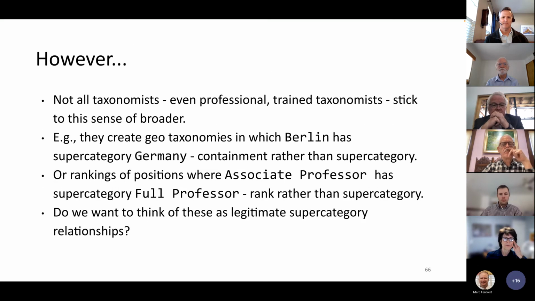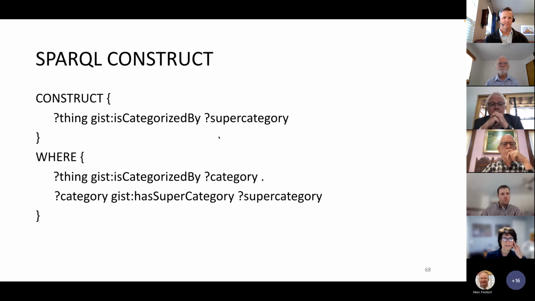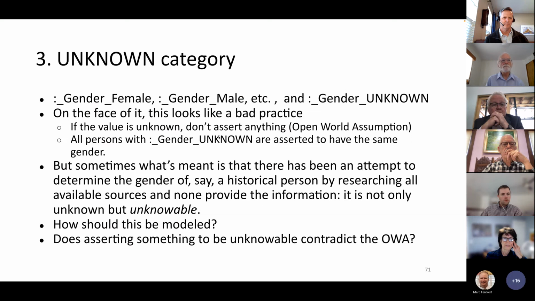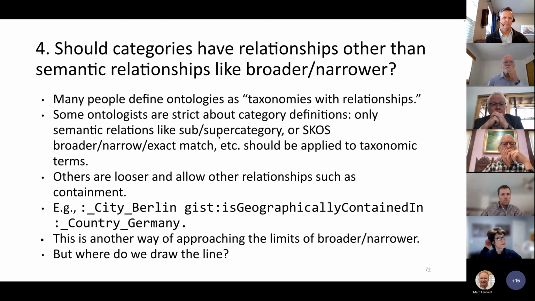Actually, the one I find most interesting is this one. And we've talked about this briefly. So many people define ontologies as taxonomies without relationships.